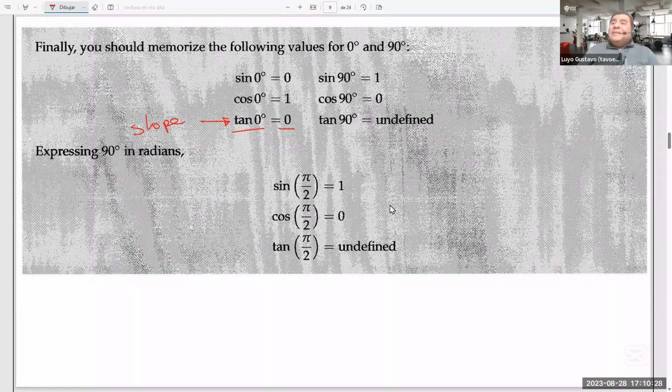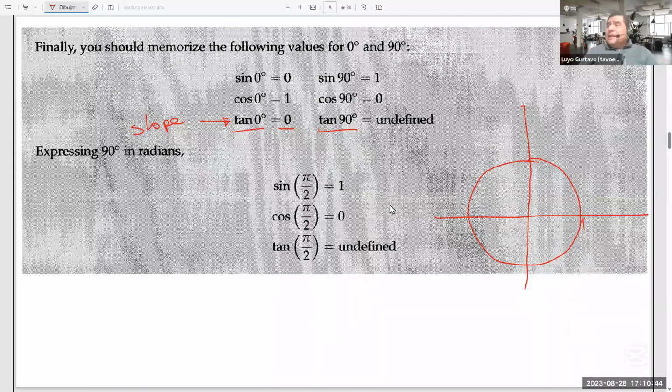And what about the tangent for a 90-degree angle? It doesn't exist. It would be infinite. You know, from this here, how is the tangent defined? If this is 1, the length of the radius, and so imagine that you have this. This will be the angle alpha, for example, and this will be the sine of alpha, while this segment here will be the cosine of alpha.